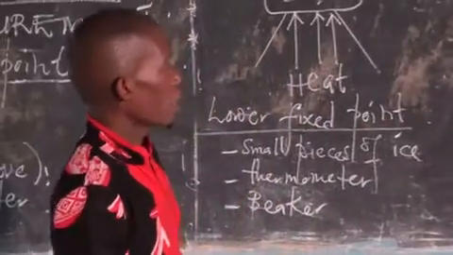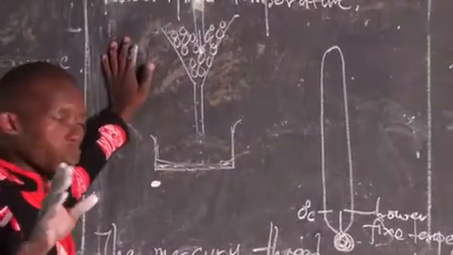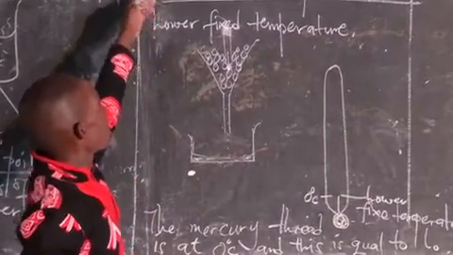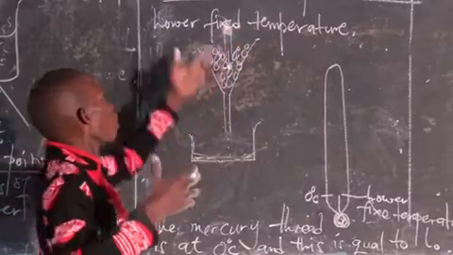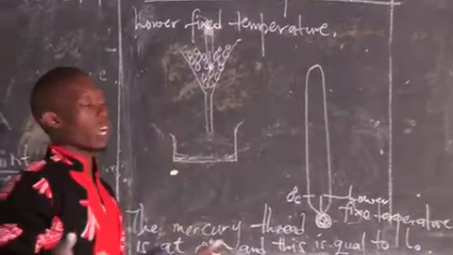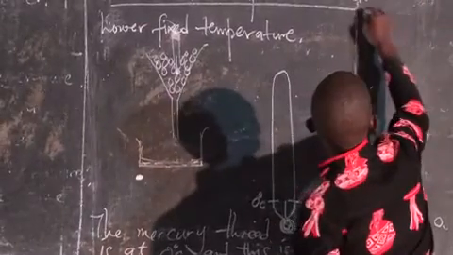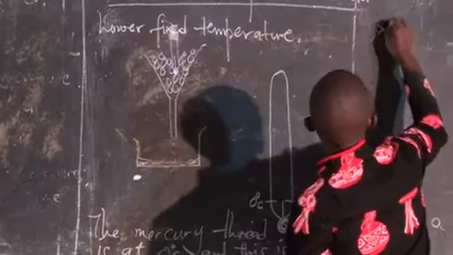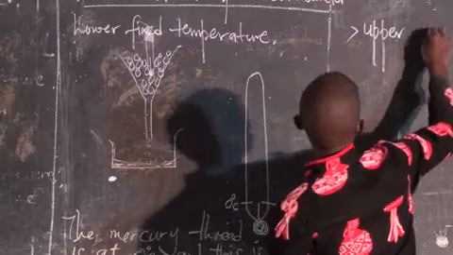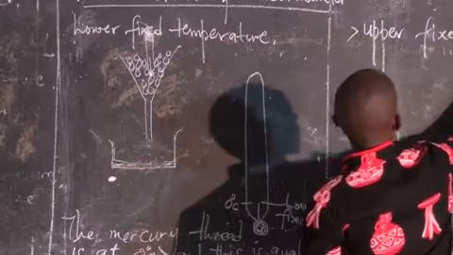So also, you'll be able to find out, the calibration must be a combination of the lower fixed temperature and the upper fixed temperature, where we are going to talk about also the upper fixed temperature.